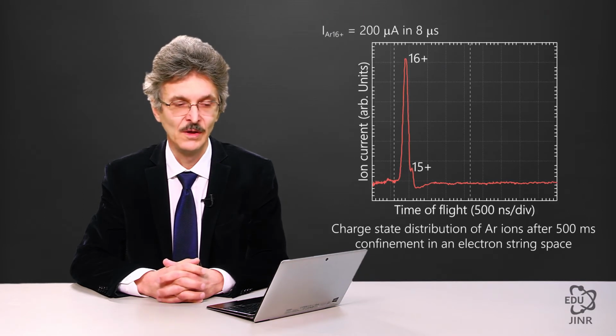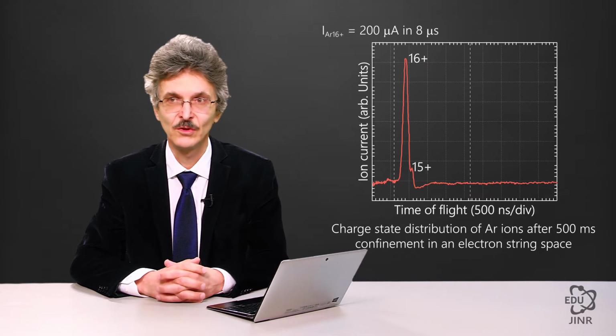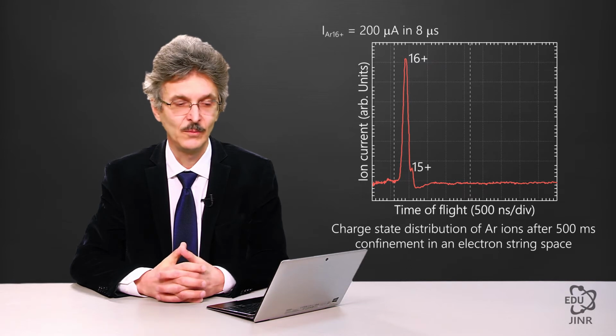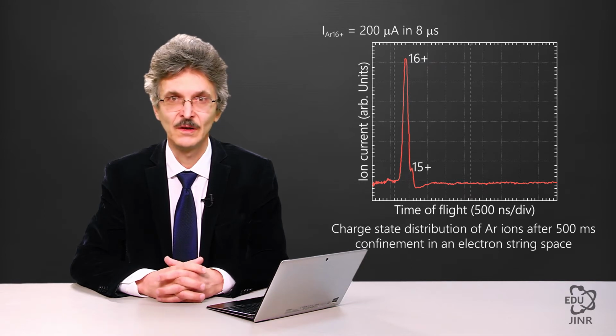For example, this picture shows the spectrum of argon ions, obtained on an electron string source after 500 milliseconds of argon atom ionization. The result is almost ideal: in one charge state, the argon-16 beam.